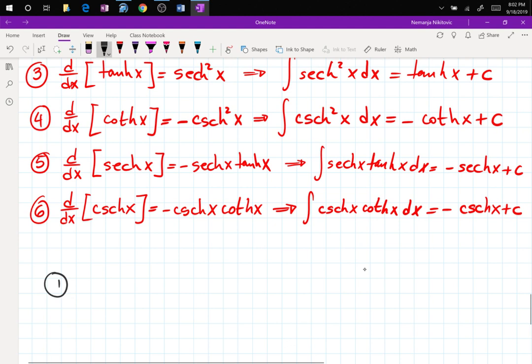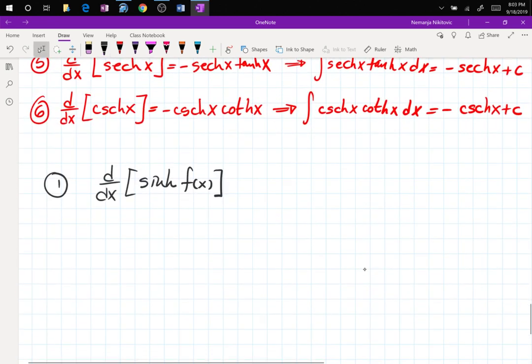Earlier, number one said the derivative of sine hyperbolic of x. Well, no, of f of x, because you can have sine hyperbolic of x squared, sine hyperbolic of ln x, sine hyperbolic of sine x.